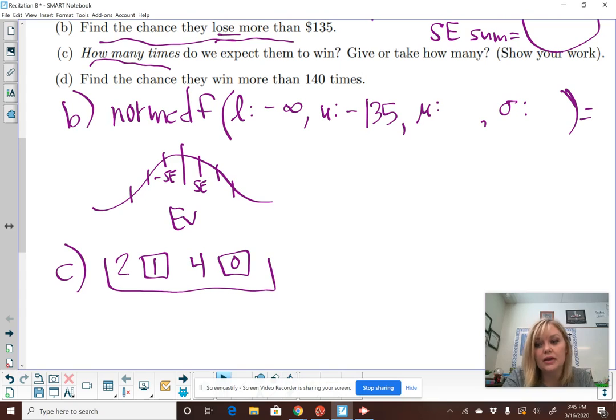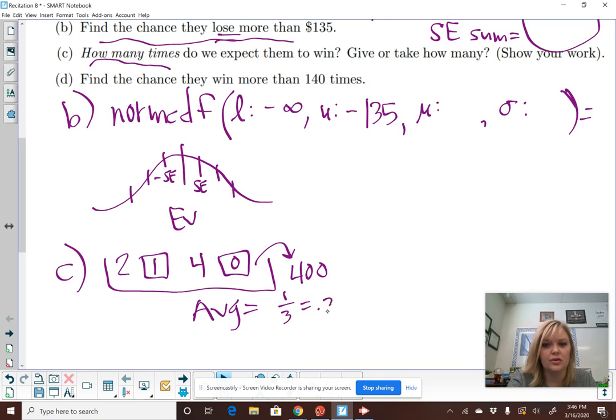So the probability of winning one roll of the die is 2 out of 6 or 1 out of 3. So that's what the average of the box model will be, 1/3, or 0.33, whatever you want to put.